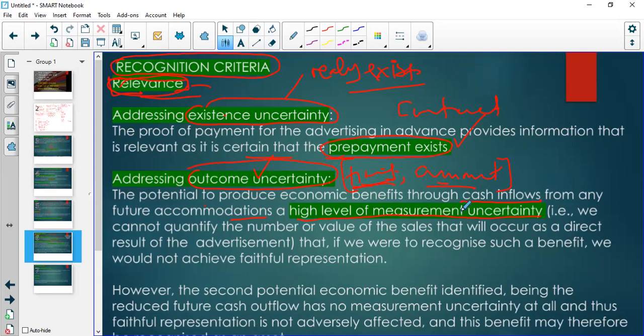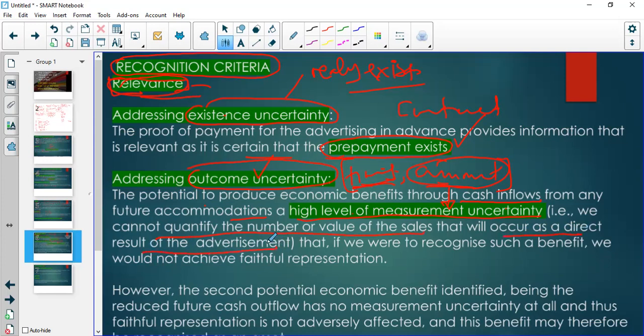In other words, we can't state an amount with certainty. And when we talk of measurement uncertainty, we're not saying there should be a single amount. There should be an acceptable range. But in this case, the problem is we cannot quantify the value or number of sales that will occur as a direct result of the advertisement.